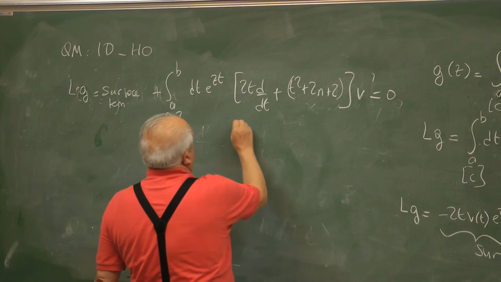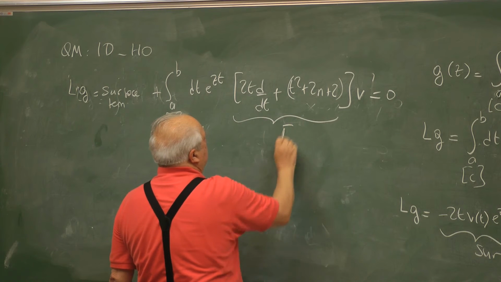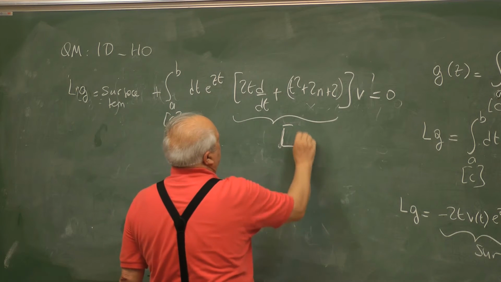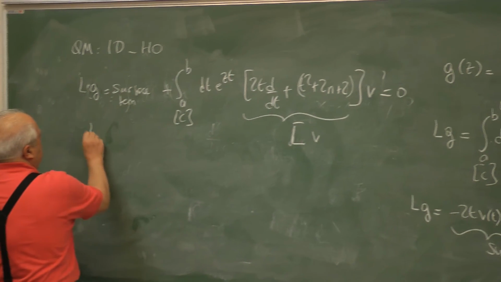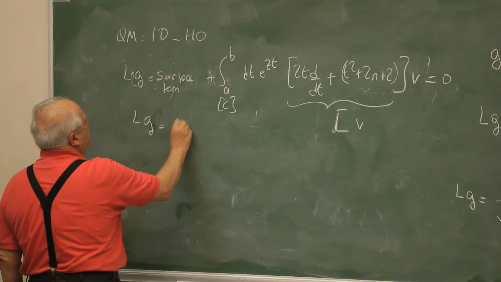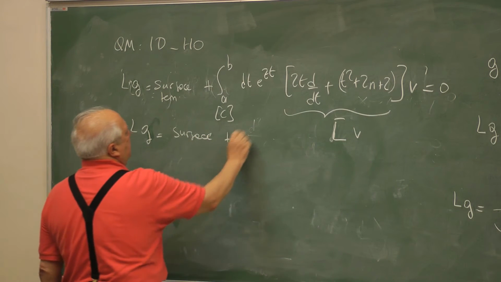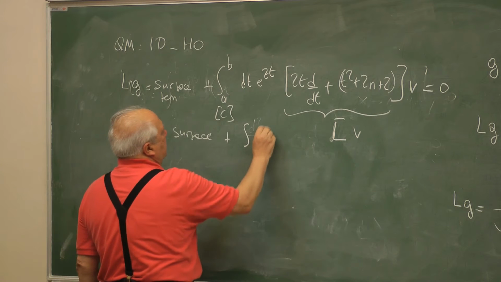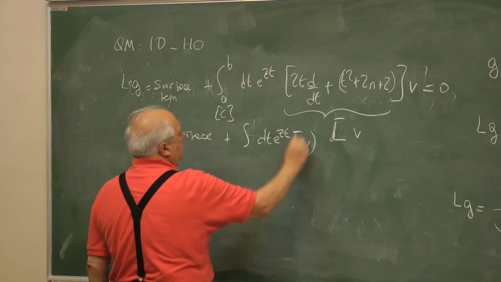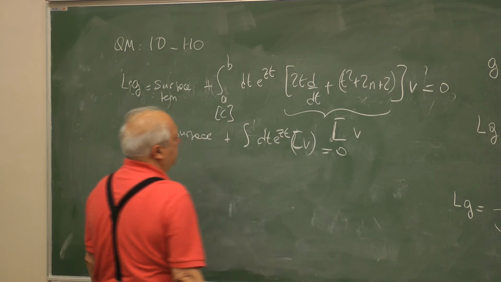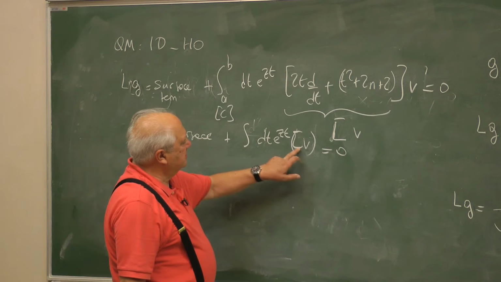So this is like another operator L acting on v. So Lg is the surface term plus the integral dt e^{zt} Lv. This whole thing is equal to 0. So we choose v to be the solution of this equation.